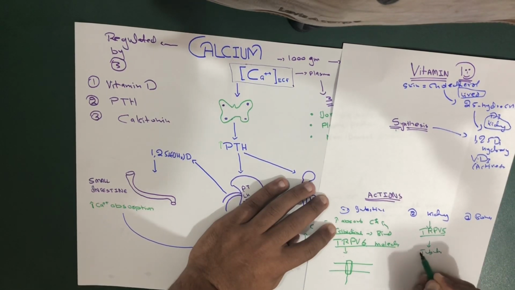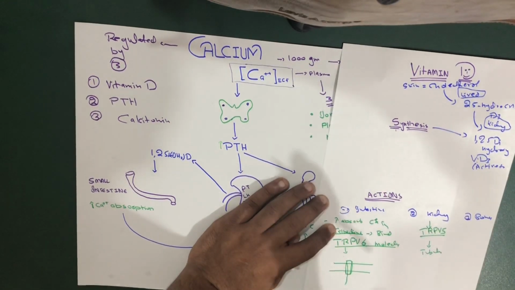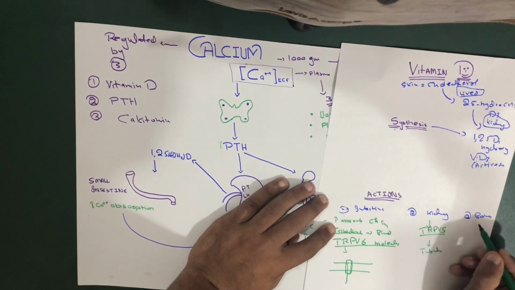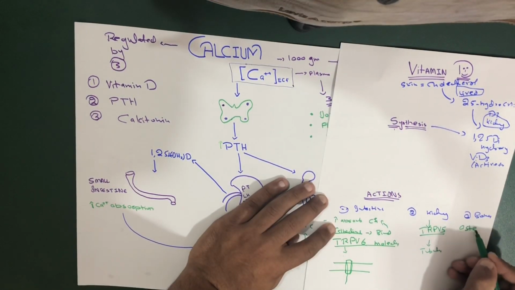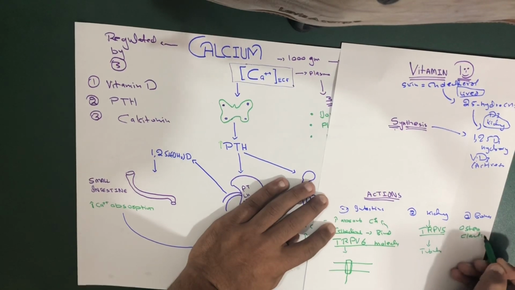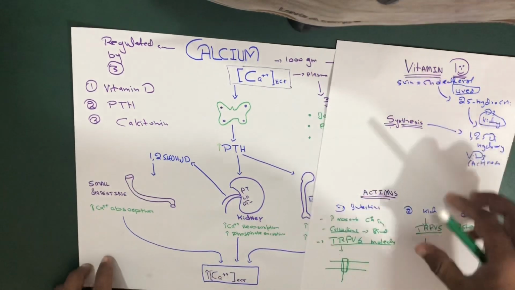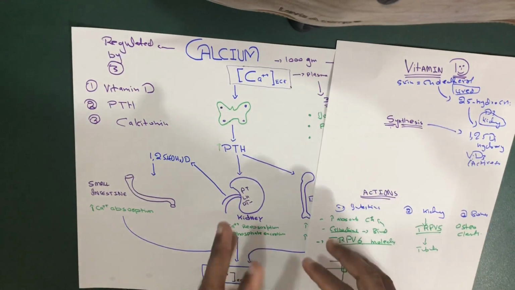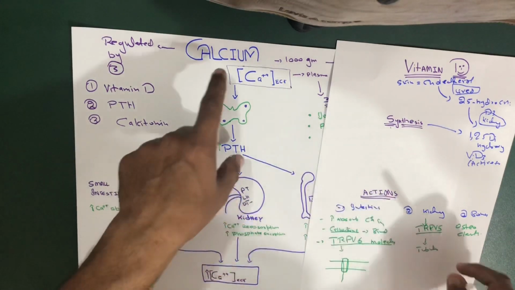So in the tubules, the TRPV5 is increased, and which helps in the reabsorption of the calcium. And in the bones, indirectly, it increases the activity of the osteoclast. All right, so this is all about the vitamin D function in the regulation of the calcium ion.